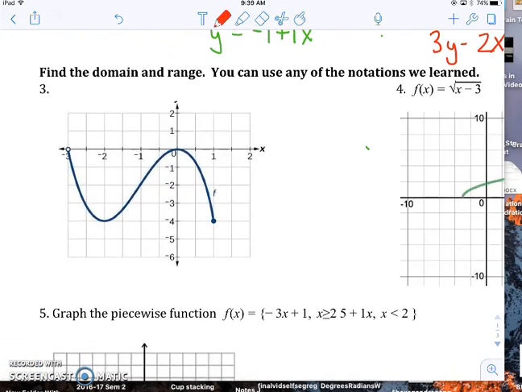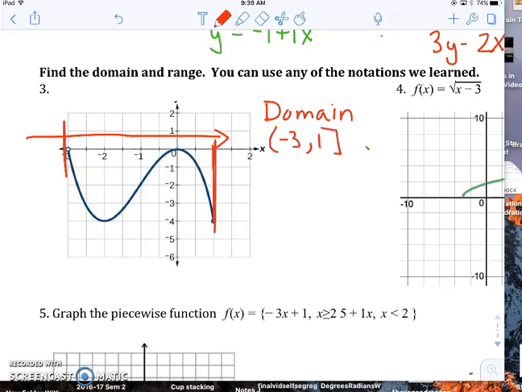The third one here, the domain and range. So domain, so we are going to cross this way. Negative 3 to 1. So our domain, negative 3 to 1. Or we could say, if you were using inequalities, negative 3 is less than x is less than or equal to 1.